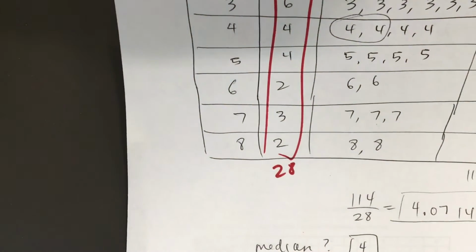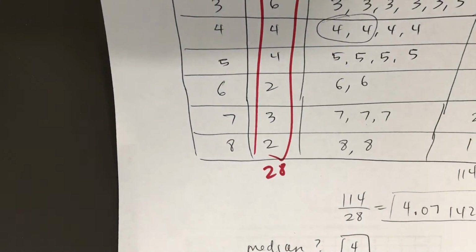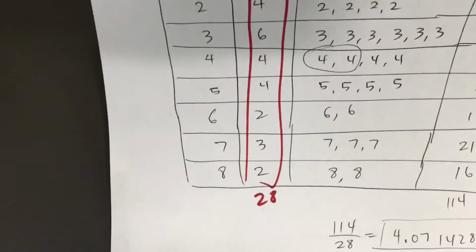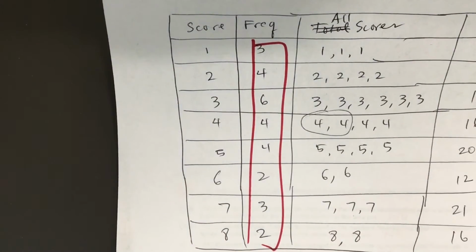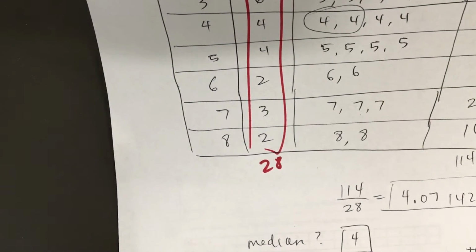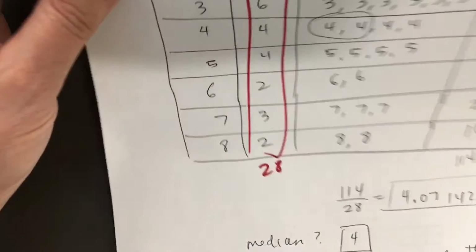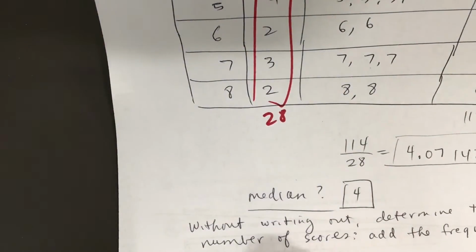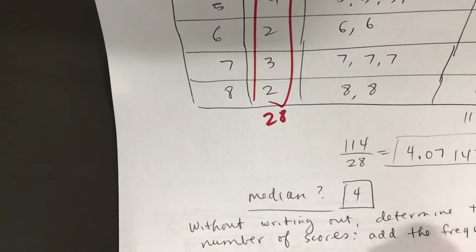Well, you determine that by adding all the frequencies. We've done that. That's what I did in red on this paper, and I found that there are 28 scores. What you do is you divide 28 by 2 to find out where the middle is. 28 over 2 is 14.